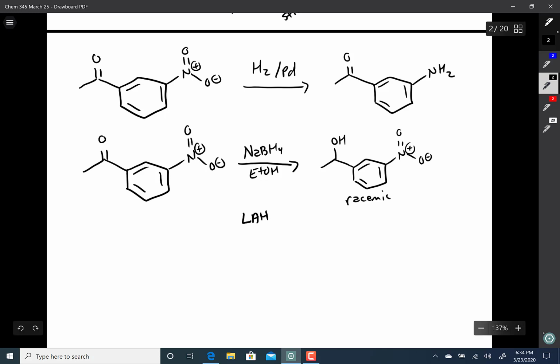LAH is pretty strong. And it will typically react with both.